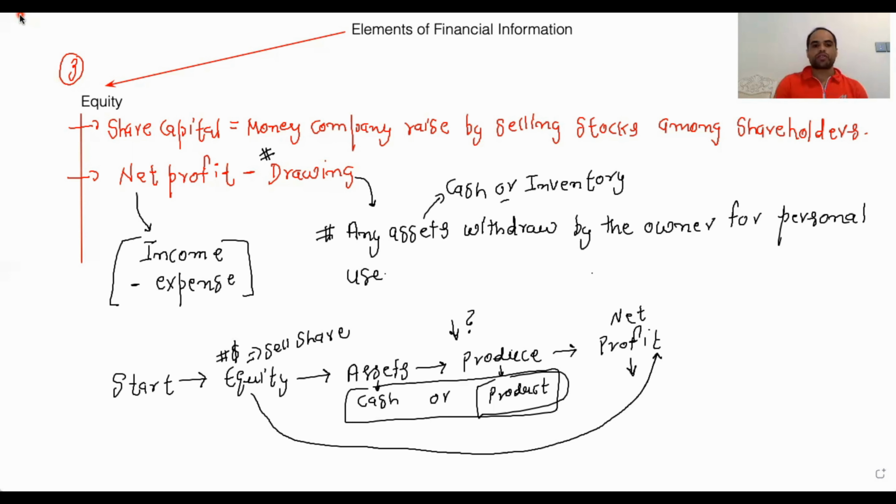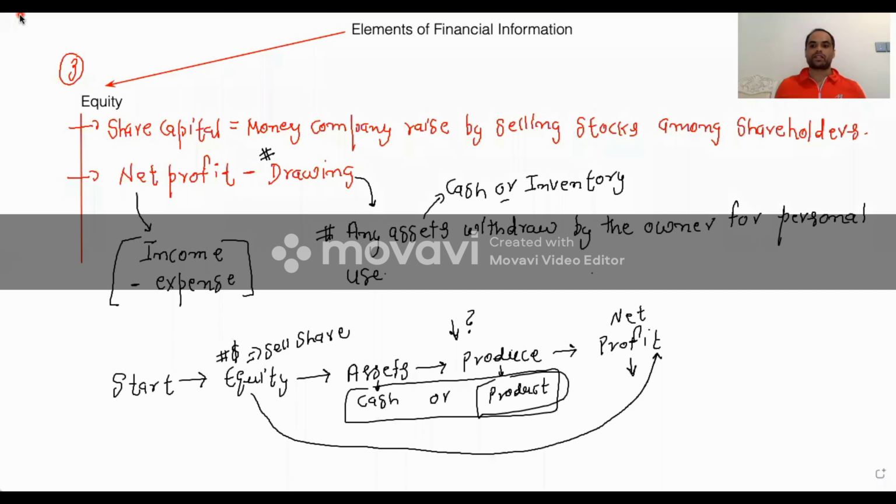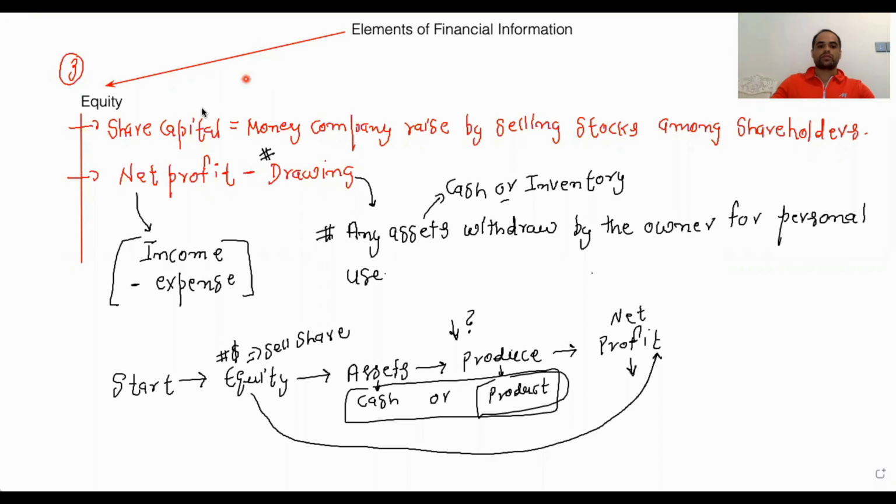So now can we move on to next? Number 4? Yes. Okay, so let's move on to number 4, which is income and expense. So I'm going to combine this income and expense so you can understand.